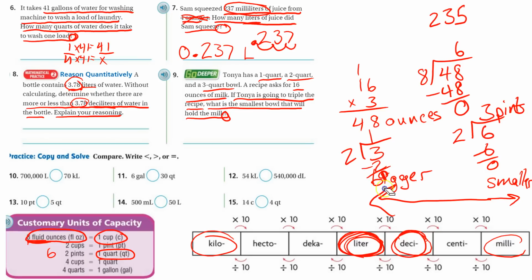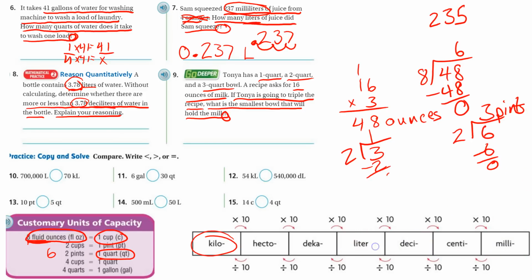Let me erase some of my work down here. You never erase your work, you just get more scratch paper. I have limited space here. So we add a decimal, add a 0, bring it down. 2 goes into 10 5 times. So now we've gone from pints to quarts.